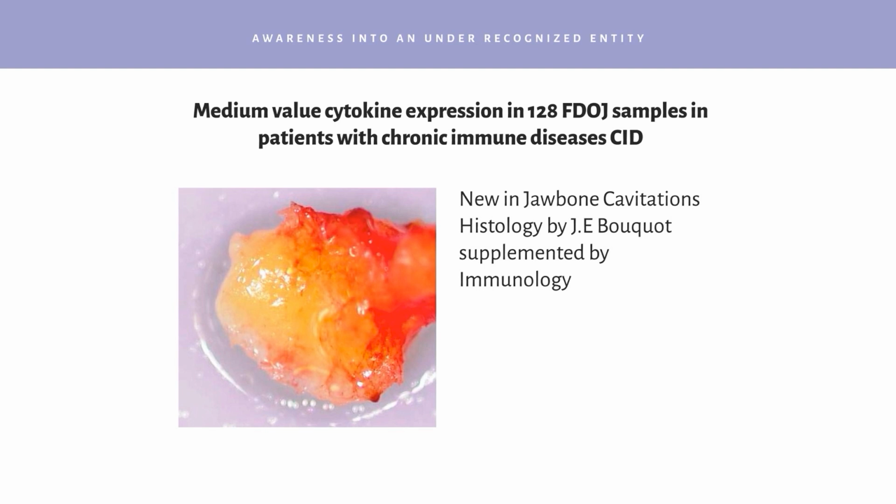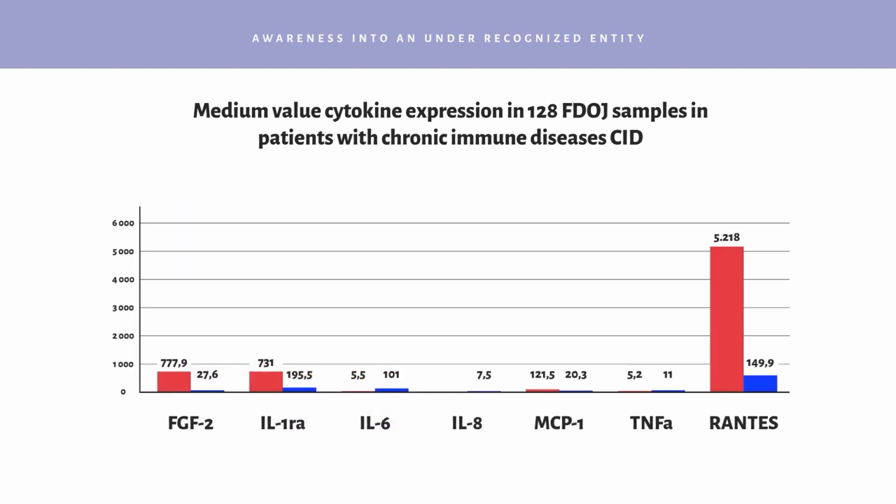And here you see the pattern of 7 of these cytokines. It's amazing that just one cytokine, the chemokine RANTES, is highly overexpressed, much higher than all the other cytokines. It's interesting to see that our famous TNF-alpha is lower in these fatty degenerated areas than in healthy jawbone.